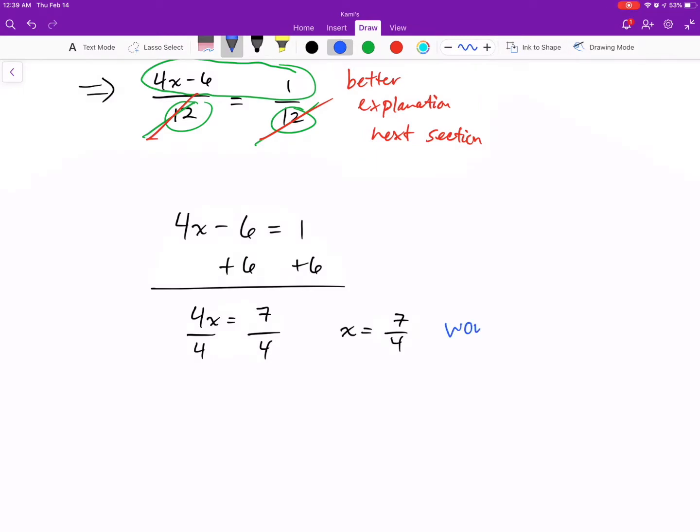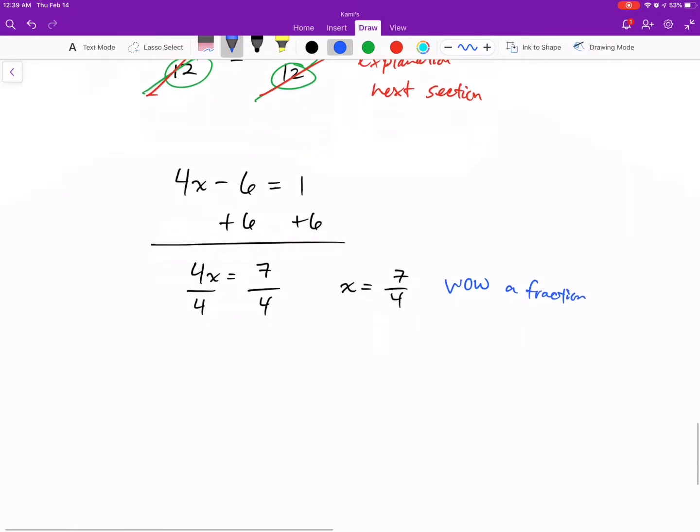Wow. A fraction. Proper or improper? Let's see if you're paying attention, Cam. So, which one is it? A proper or improper fraction? Yeah.